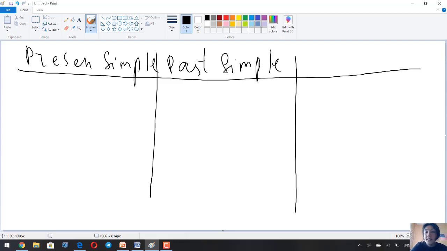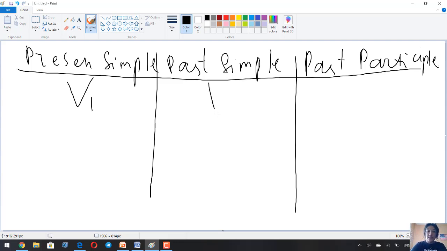And the third column is past participle. To make it easy for you, we use V1, V2, V3. It means the first form of the verb, the second form, and the third form.